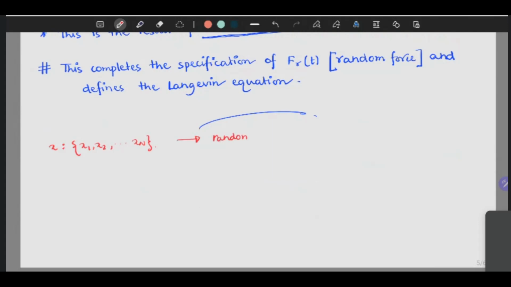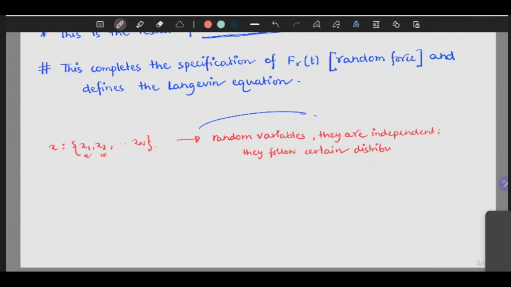These random variables are independent, that means x2 does not depend on x1 and so on. But these random variables follow a certain distribution. It need not be a Gaussian distribution.